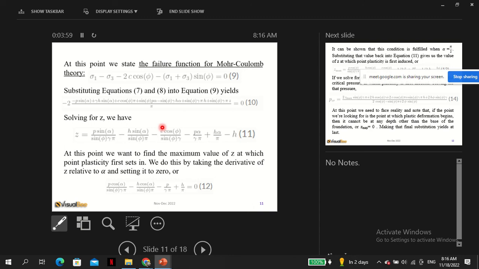At this point we want to find the maximum value of z at which a point of plasticity first sets in. We do this by taking the derivative of z relative to alpha and setting it to 0.